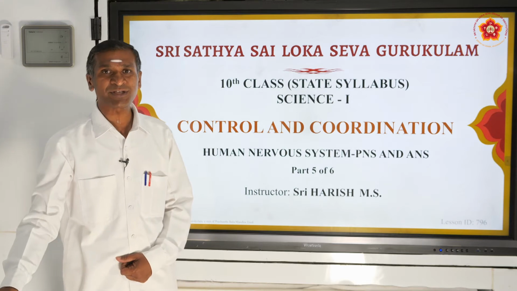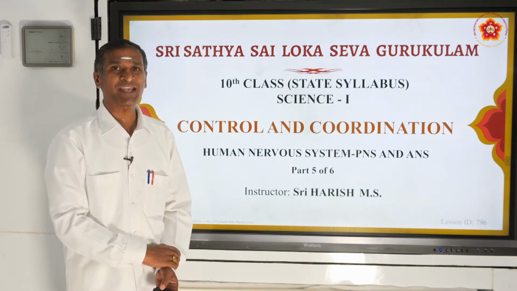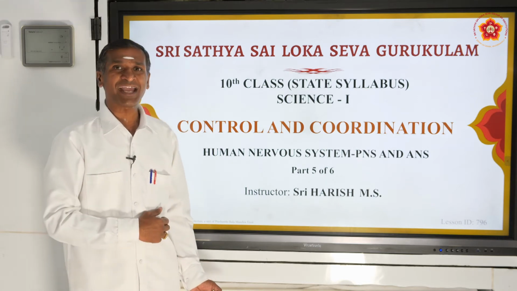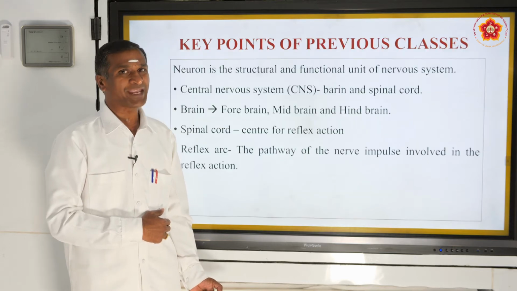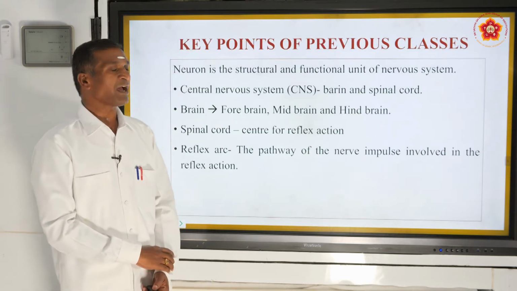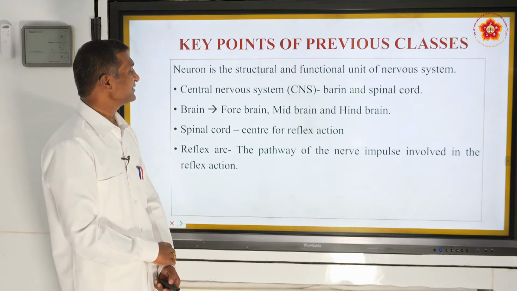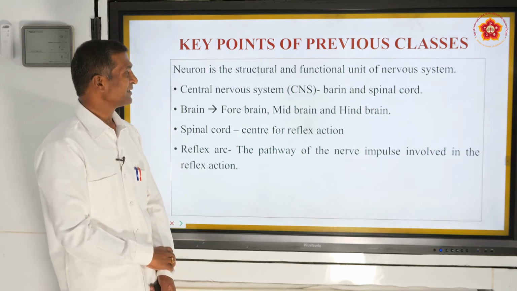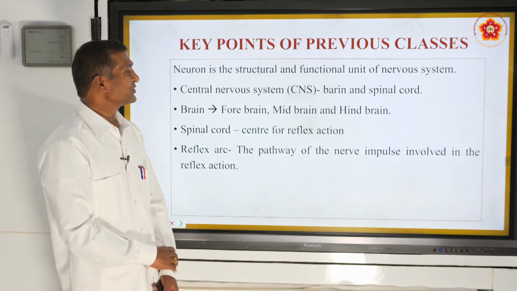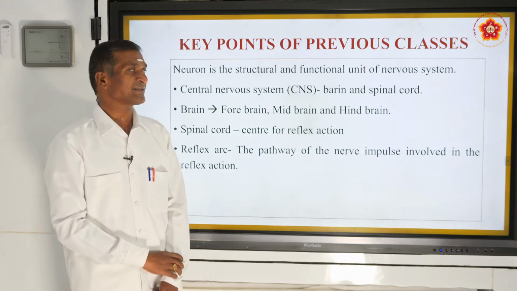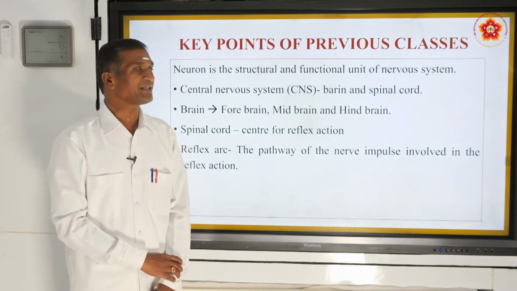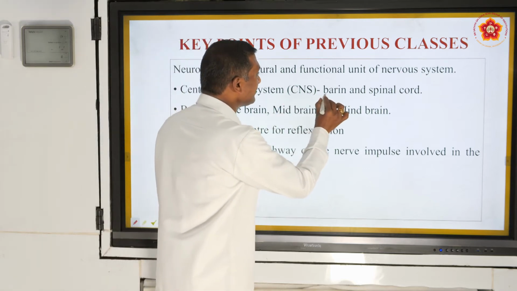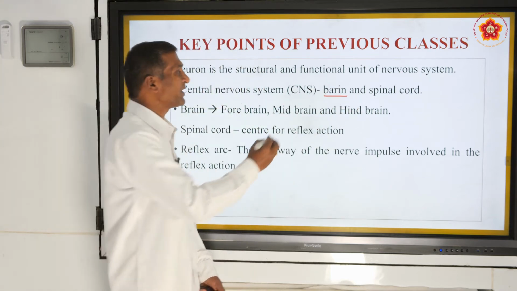Before we pass on to today's part 5 of PNS and ANS, let us recap our previous class main points. In our previous classes, we understood that neuron is the structural and functional unit of nervous system. Further, we understood about the central nervous system, that is CNS, which mainly dealt with the brain and the spinal cord. I apologize here for the spelling mistake of the human brain.